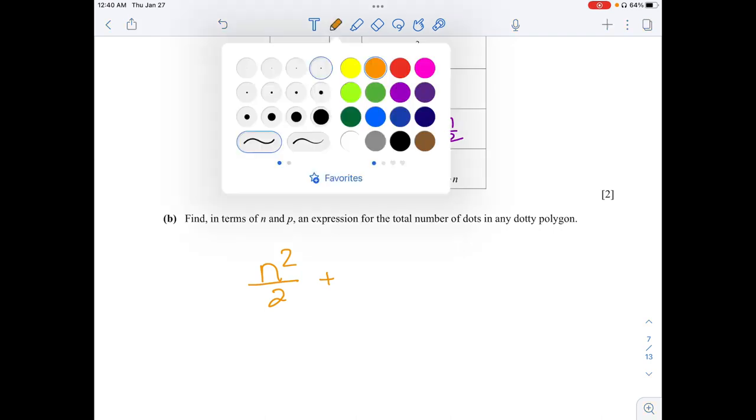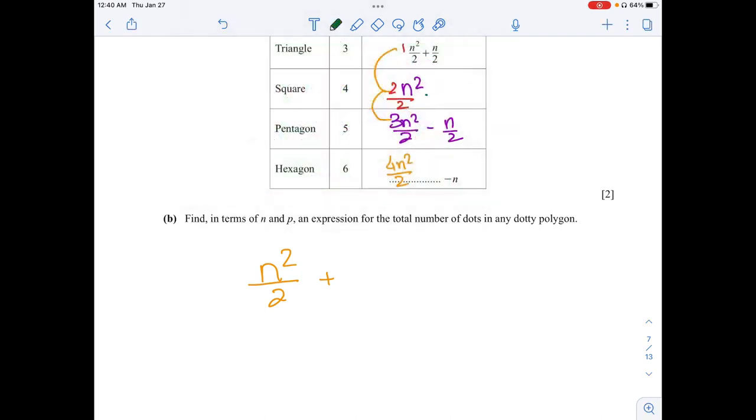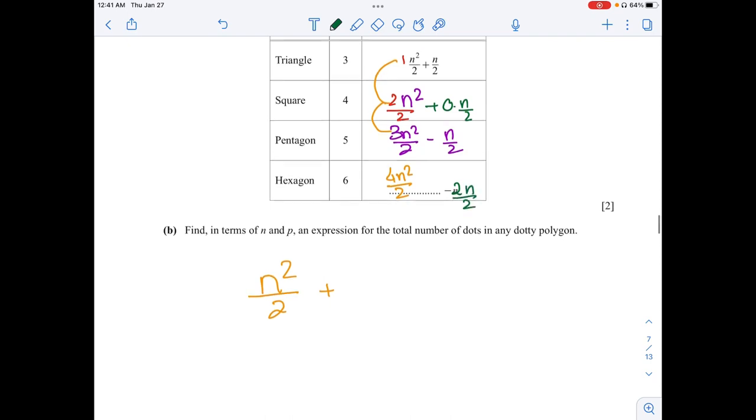Over here, what I can write is 0 times n upon 2. And over here, it is 2n upon 2. So you can see that n upon 2 is common. N square upon 2 is common.